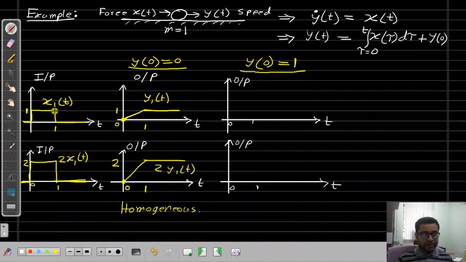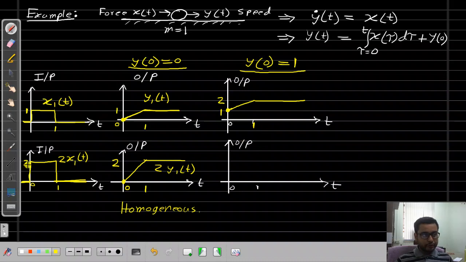Now we are giving x1 as the input. So initial speed is 1. We shall start from this point, and then speed will increase, and at t equal to 1 it will become 2 starting from 1, and then it will become constant.